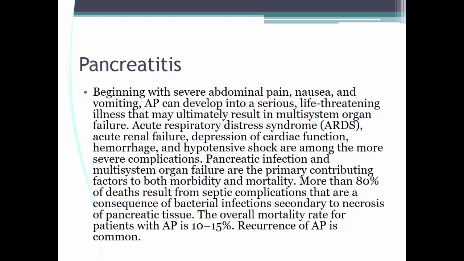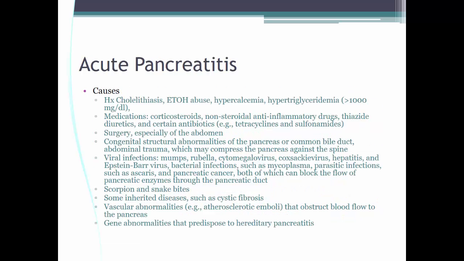Patients tend to have retroperitoneal bleeding, and those are signs called Grey Turner sign, which is ecchymosis of the flank, and Cullen sign, which is ecchymosis of the umbilical region. So at the end there's multi-system organ failure, and this is what puts the prognosis really, really bad.